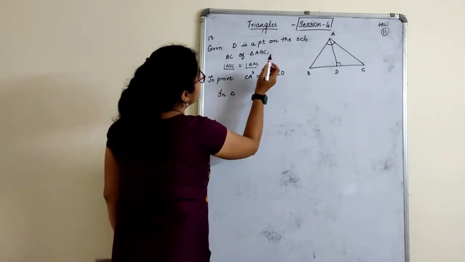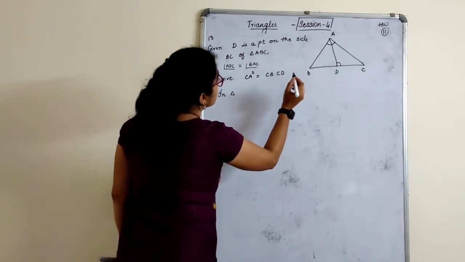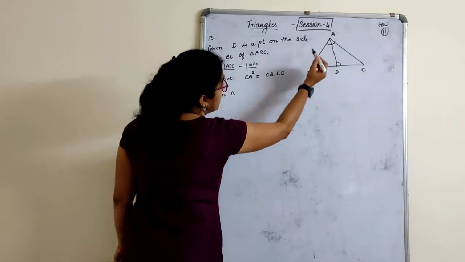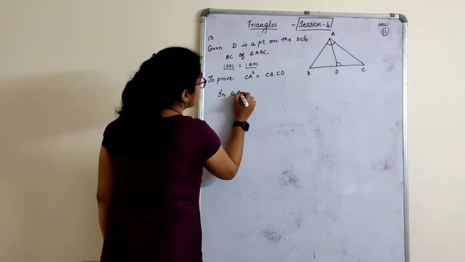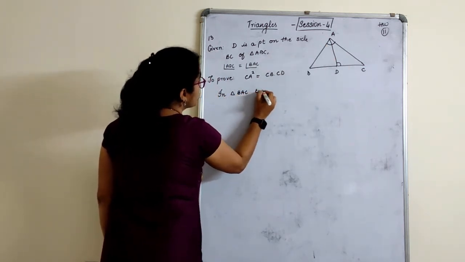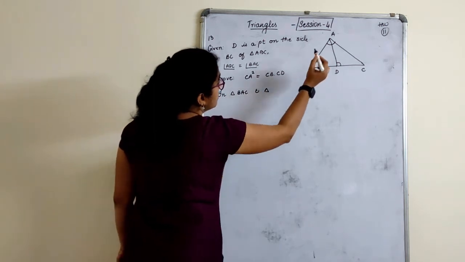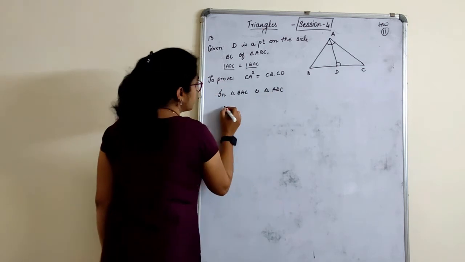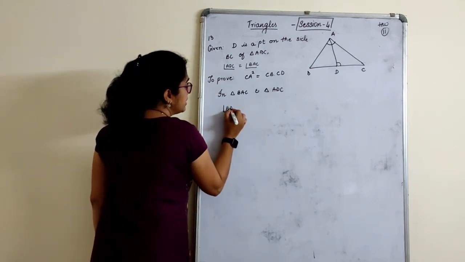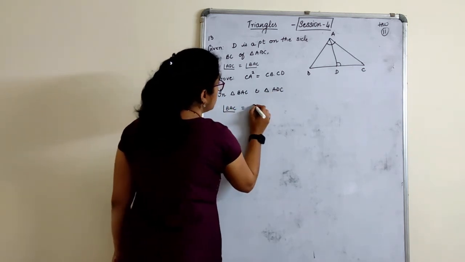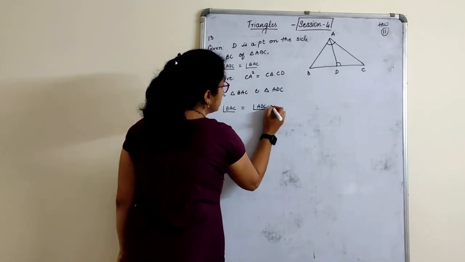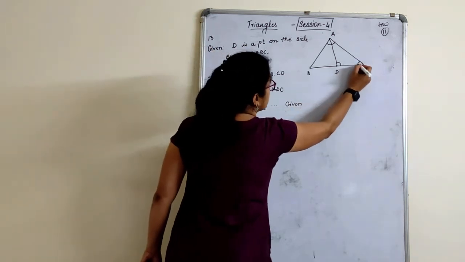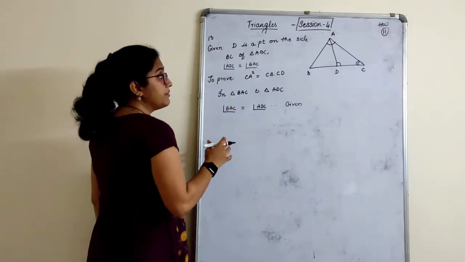In triangle, the bigger one we will choose first. So BAC and triangle ADC. Angle BAC is equal to angle ADC. Reason: given. So here this is the common angle, children, between both.